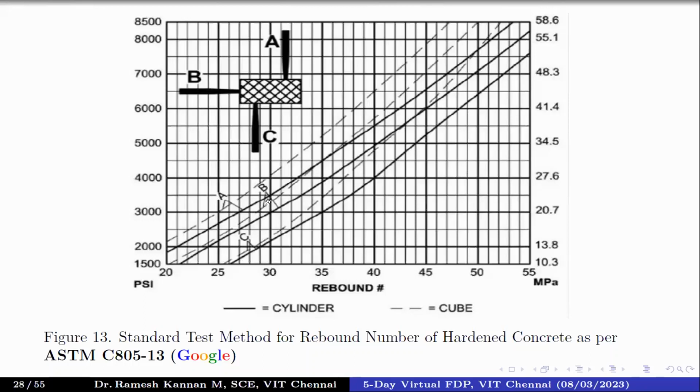So at 30, it intersects the cube line at something around 22, 23 probably. That is the implication of the rebound number 30. This axis is in PSI, pounds per square inch, and this one is in MPa, Newton per millimeter square. And this is how we find the indirect determination of compressive strength with the rebound number.